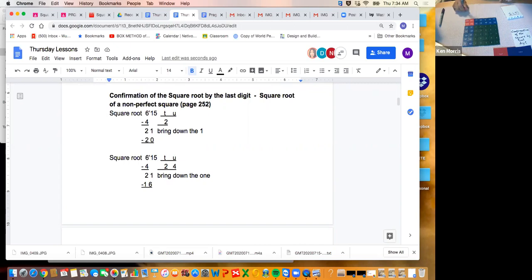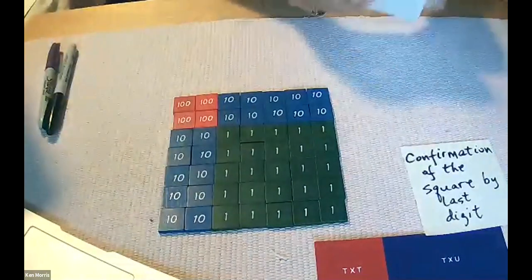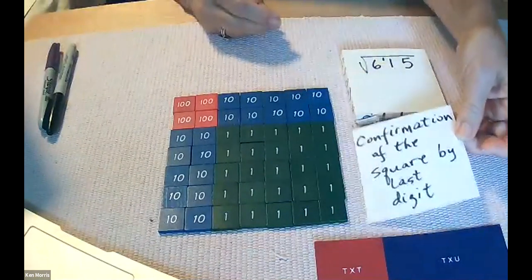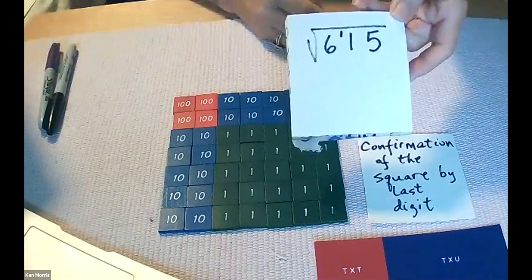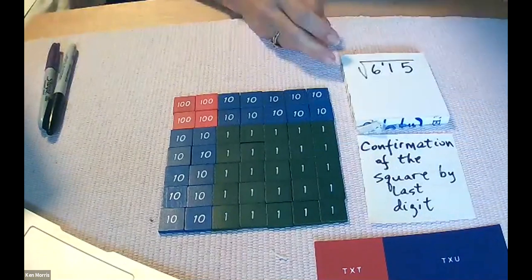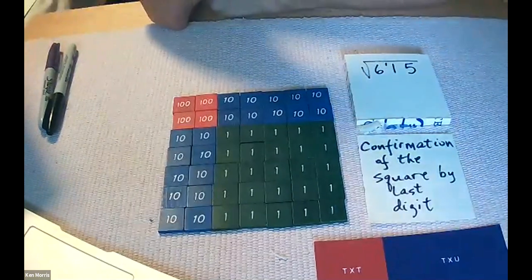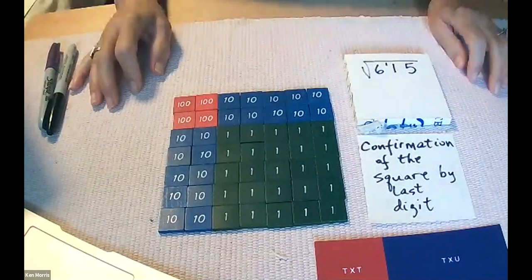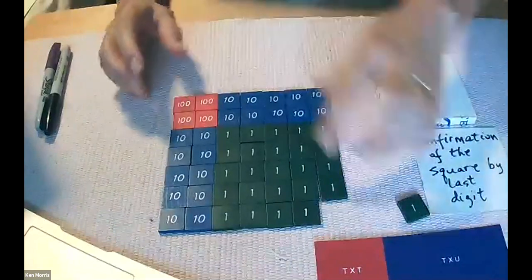Let me go back to what we have here. We have confirmation of the last digit, and we have the square root of 615. I'm trying to save some time, but we had 625.